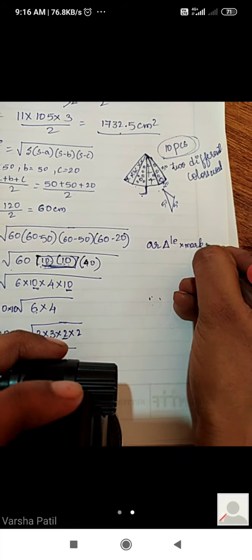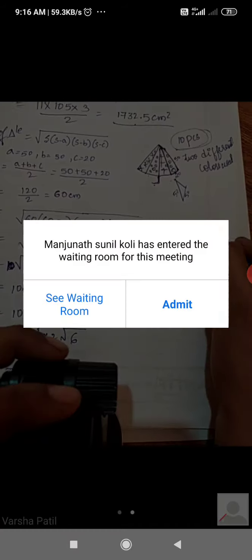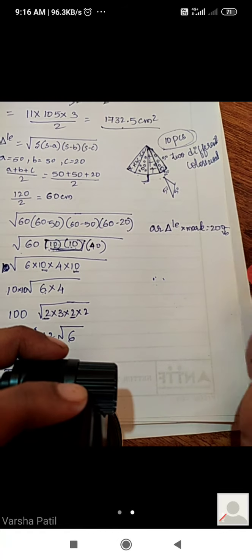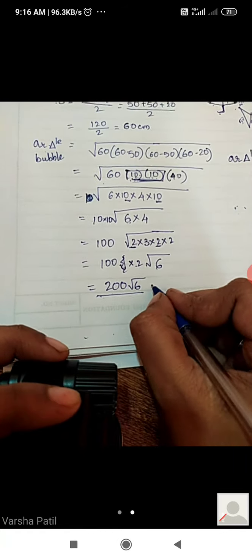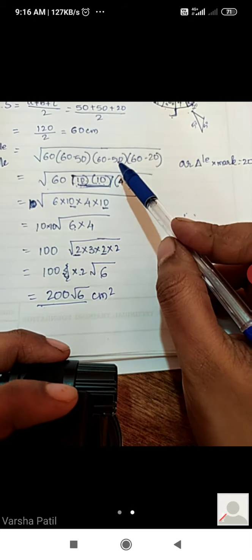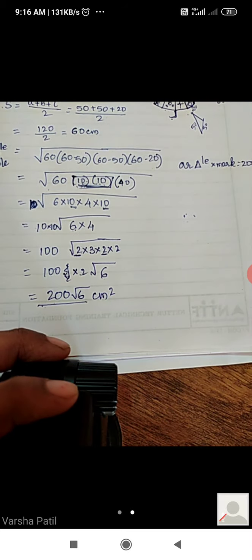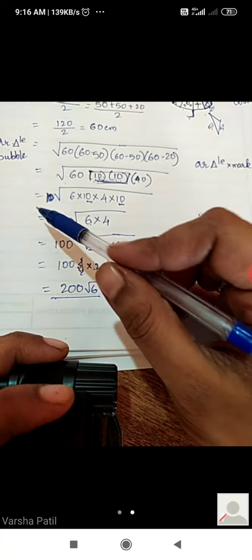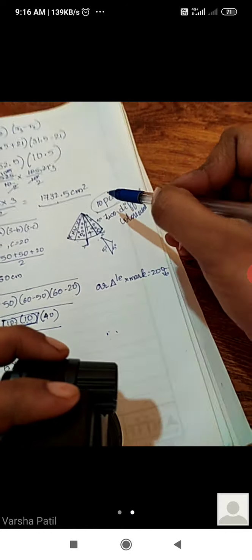The same only, 200 square root of 6 centimeter square. It is the same, again we are using 50, 50, 20.